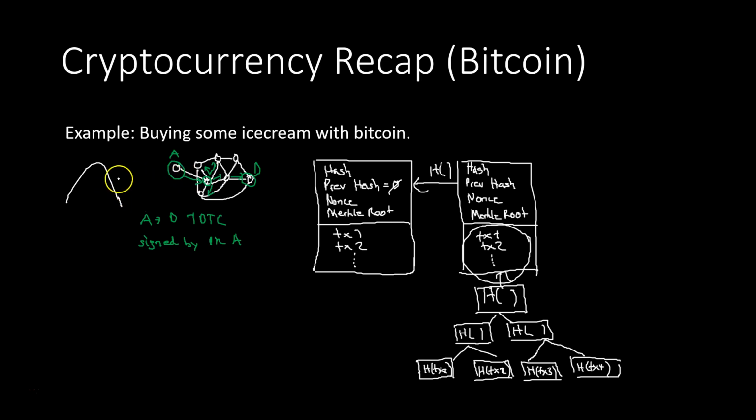The miners grab a chunk of that pile of information, or depending on how big the pile is, maybe the whole pile, and they will start to solve the hash puzzle. So they will take as an input the current blockchain header hash, so the block hash of the newest block in the blockchain, plus they will add all the information about transactions they grabbed.